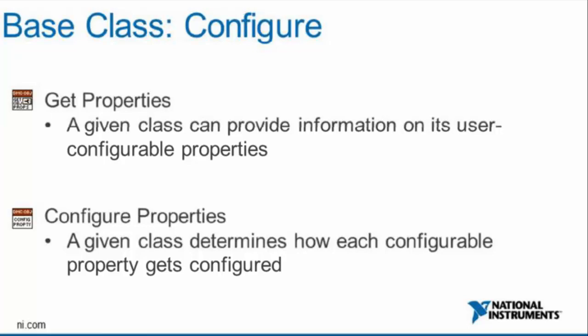Then secondly, a class should have a configure properties method where it determines how a given property of its own should be configured. Again, this is the idea of making child classes provide the information that is unique to them, because that can't be captured at the base class level. They have to do that work themselves. So these two simple methods could be overridden by your child classes.